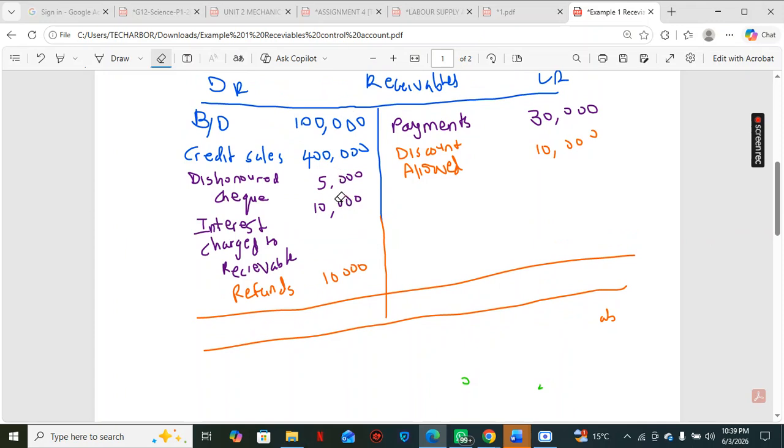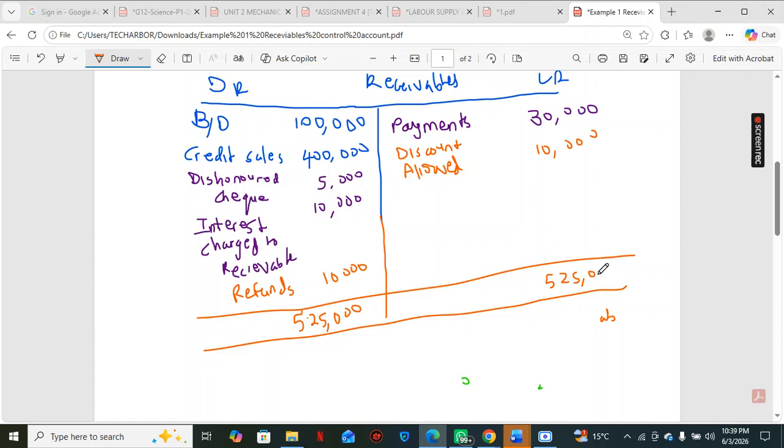Plus 10,000, that's 515,000. Plus this other 10,000, you get 525,000. So we put it on both sides, 525,000.